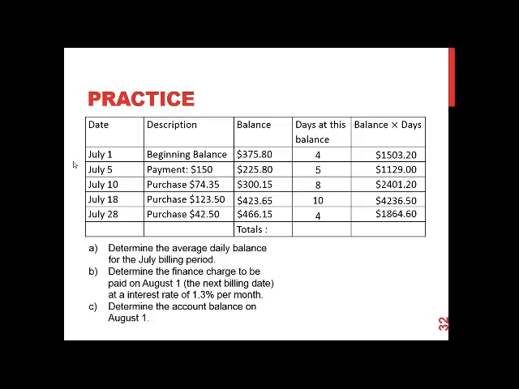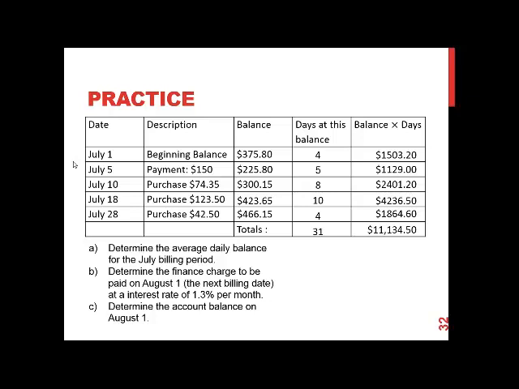Now, if we did our work right, we should end up with 31 days, because there are 31 days in July, and we did. Next, we're going to add up all of the amounts we found when multiplying. That gives us 11,134.50.